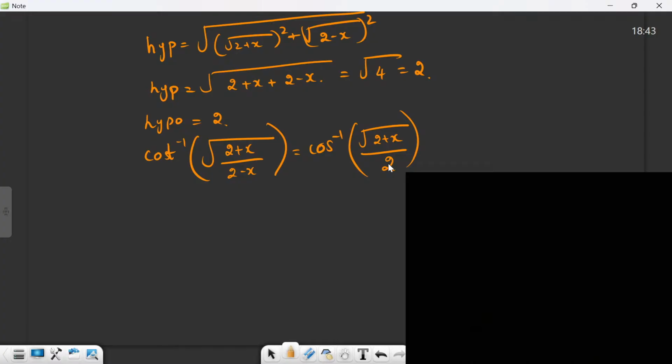That's it. Okay. So now cos of cos inverse root of (2 plus x) divided by 2, the whole square.